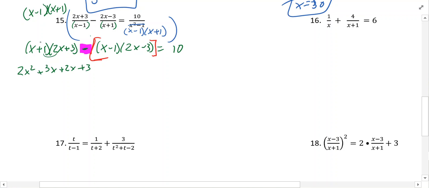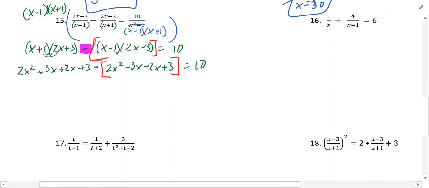And then I'm just going to bring down this minus sign, and I'm going to bring down these brackets, okay? So then when I distribute on the inside, here I get 2x squared minus 3x minus 2x plus 3. And again, it has a big bracket, equals 10.